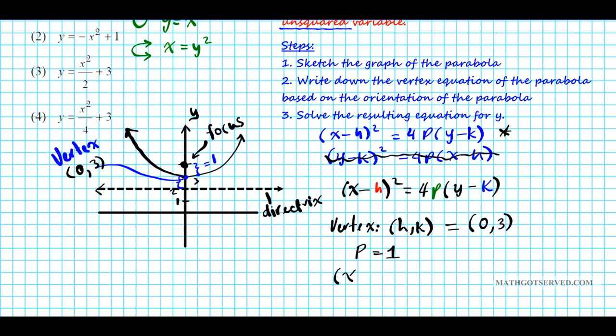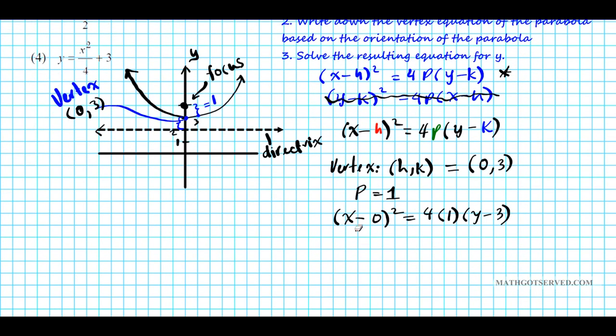So we have x minus h, which is 0, squared equals 4 times p, which is 1, times y minus k, which is 3. We're just going to get y by itself in this equation, and that will be that. If you square this, x minus 0 is just x, so we have x squared equals 4y minus 12.